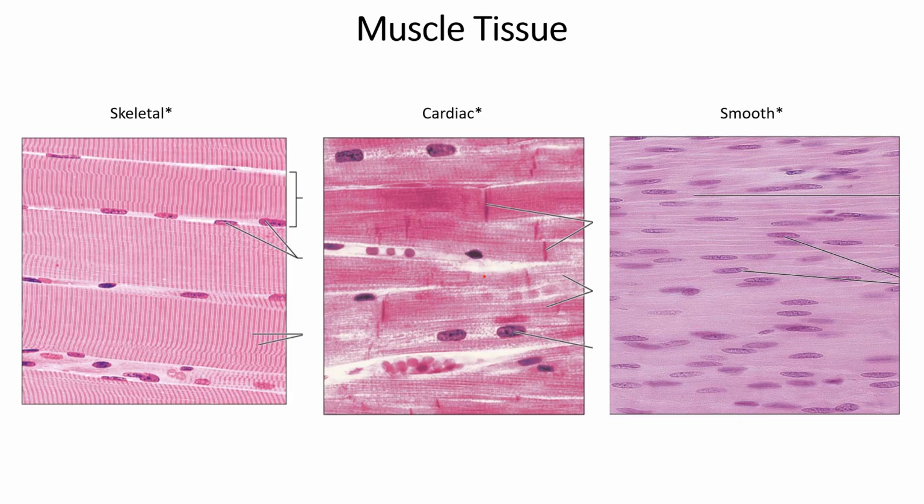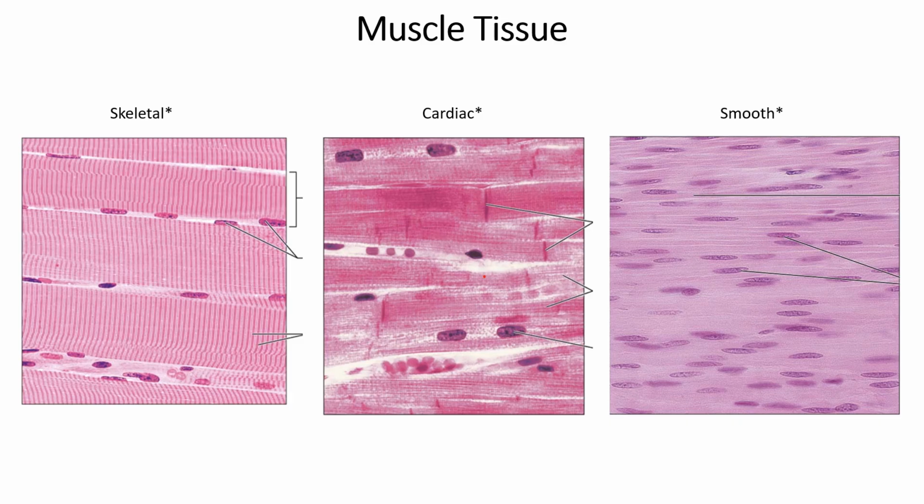How you can really tell the difference between skeletal muscle and cardiac muscle is to look for these structures. These vertical dark stain lines are your intercalated discs, right? Intercalated discs are where your cardiac muscle cells come together, right?